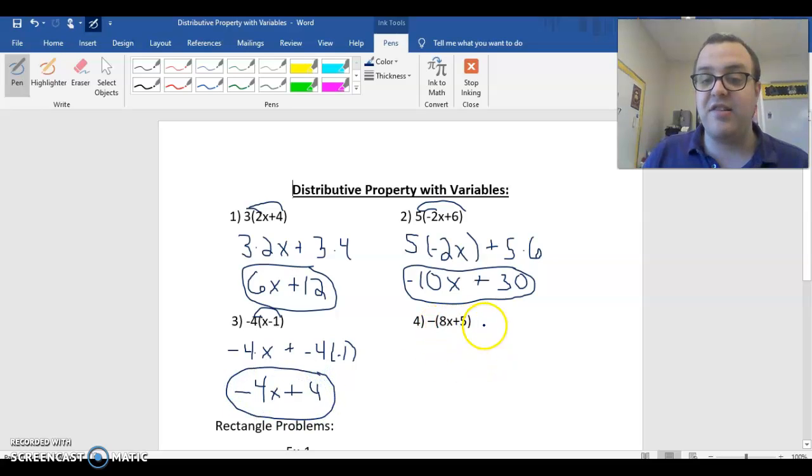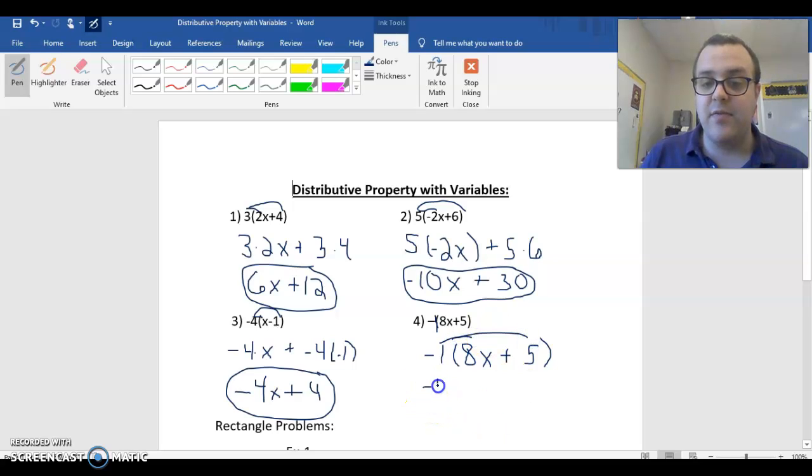Last but not least, I have this kind of weird one over here, and it correlates with this one over here because I just have a negative out front. And what the heck does that mean? It actually means that I secretly have a negative 1 hiding out front. So I can rewrite this as negative 1 times the 8x plus 5. Because of that, I can distribute this negative 1 to each part.